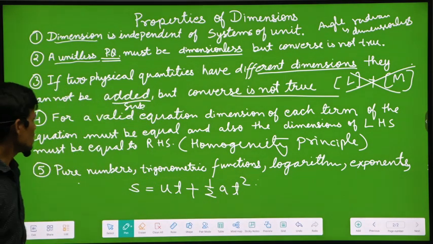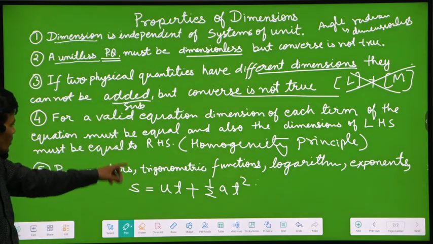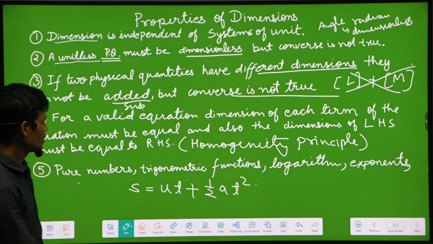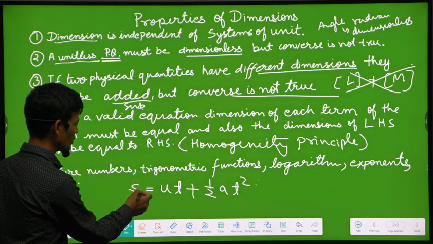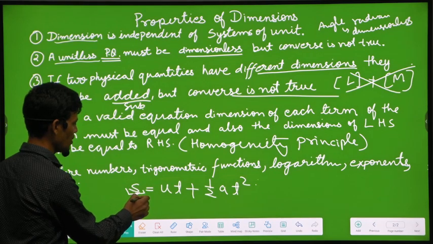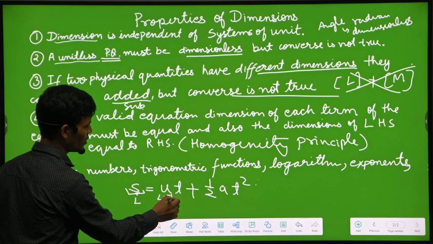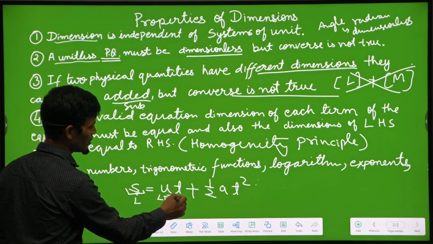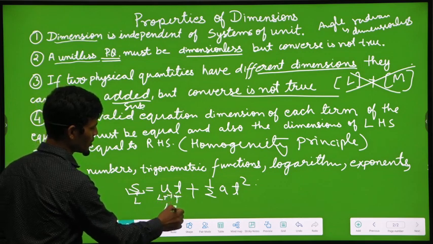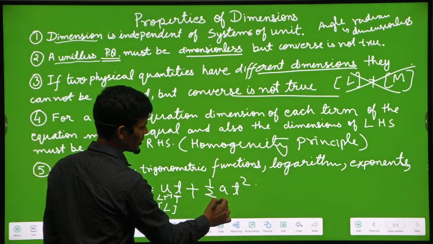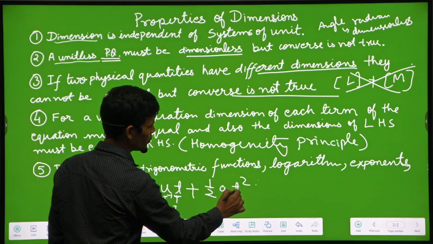So you can see here, this is a valid equation, and the dimension of each term: displacement has dimension L. Ut, u has dimension LT minus 1, t has dimension T, T will cancel each other, it will be L. And here acceleration has dimension LT minus 2, times time square.